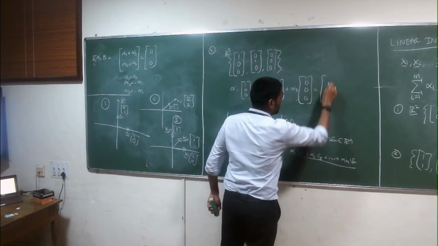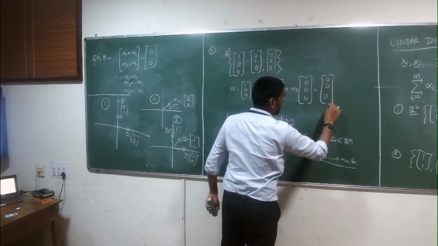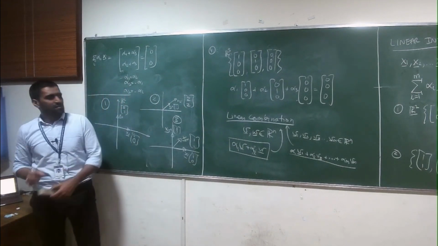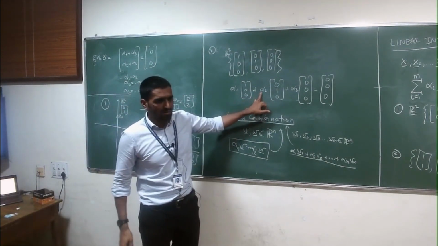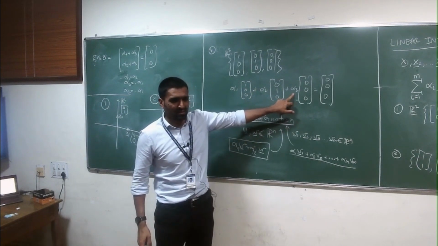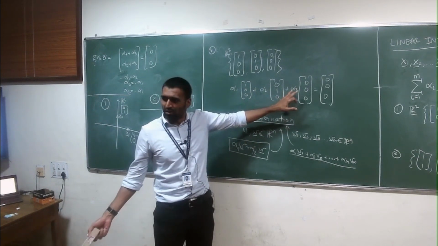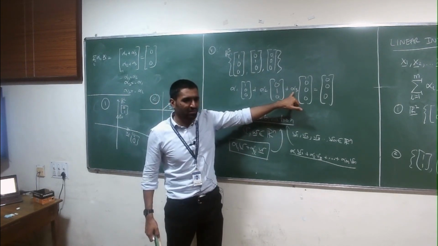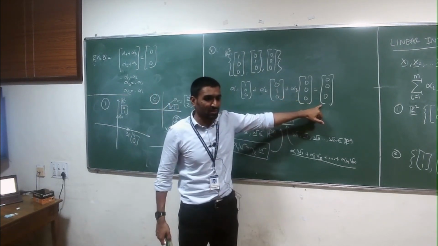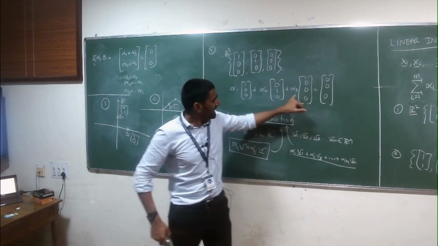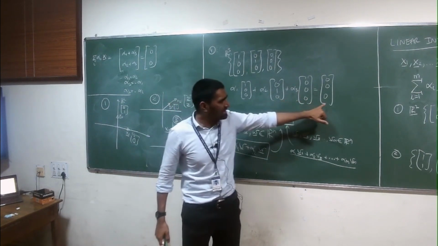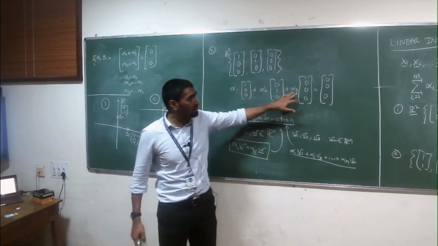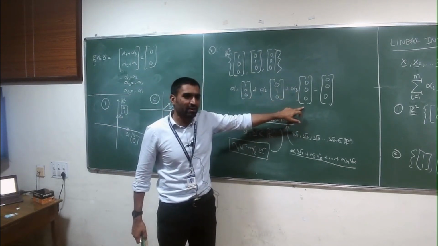When will I get 0, 0, 0? What about alpha 3? Yes, 0, and that's always true. Is there a non-zero value for alpha 3 that I can choose that will still satisfy this equation? I can. If I choose 5, this will still give me 0, independent of what I choose for alpha. These two are 0 anyway, but I can choose any alpha 3. That means this is linearly dependent.